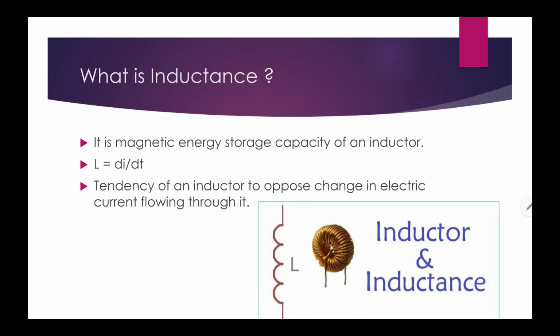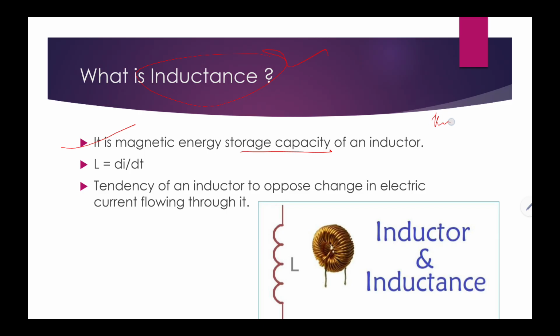In the next slide, we want to know what is inductance. So the first point for inductance is that it is a magnetic energy storage capacity, as we have discussed before, that an inductor actually stores energy in the form of kinetic energy in the electromagnetic field, right?